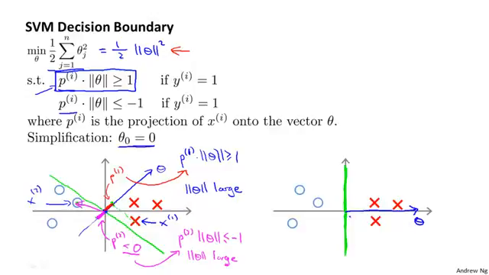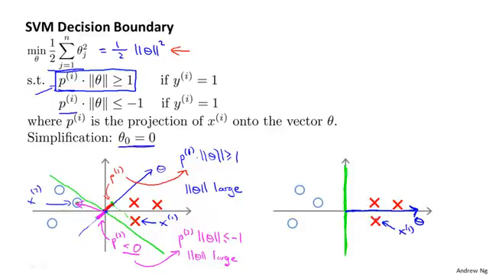So with the decision boundary being that vertical line, it's possible to show using linear algebra that the way to get that green decision boundary is to have the vector theta be at 90 degrees to it. And now, if you look at the projection of your data onto theta, let's say as before this example is my example x1.